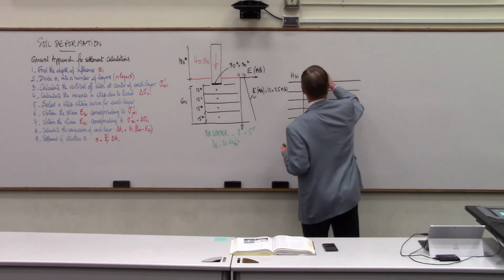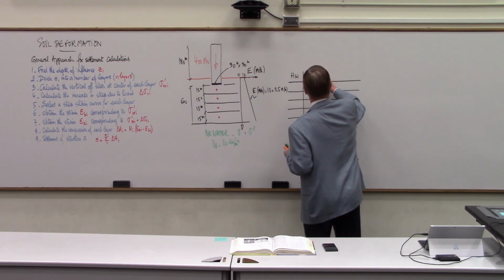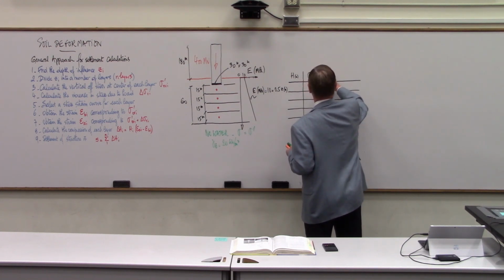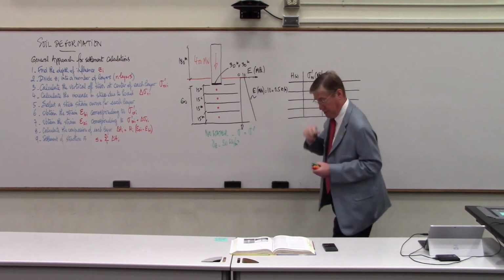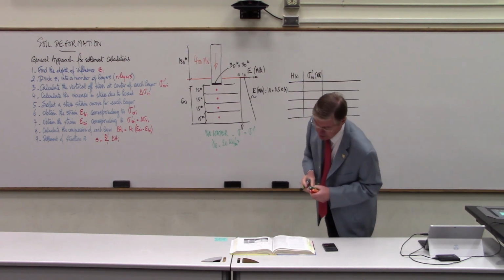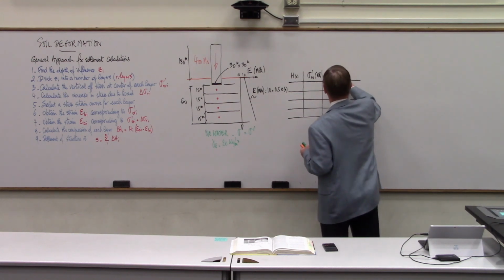So here I'm going to calculate sigma prime 0 V, and that's going to be in kilopascal. The next column, I'm going to get the value of E in kilopascal.